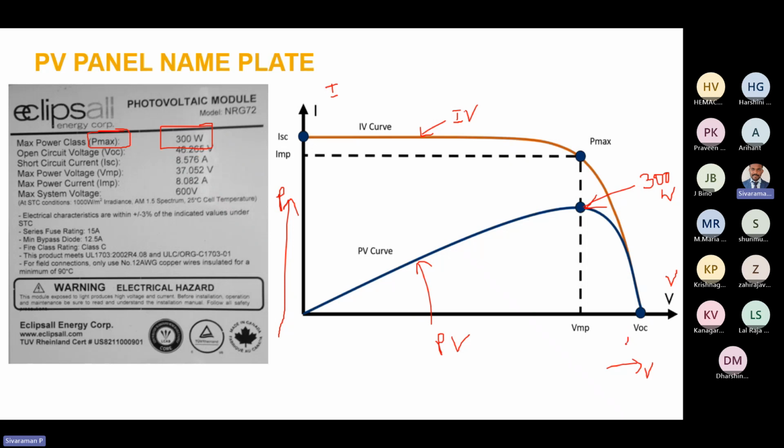This is the VOC point. Then VMP is 37.052 volt.